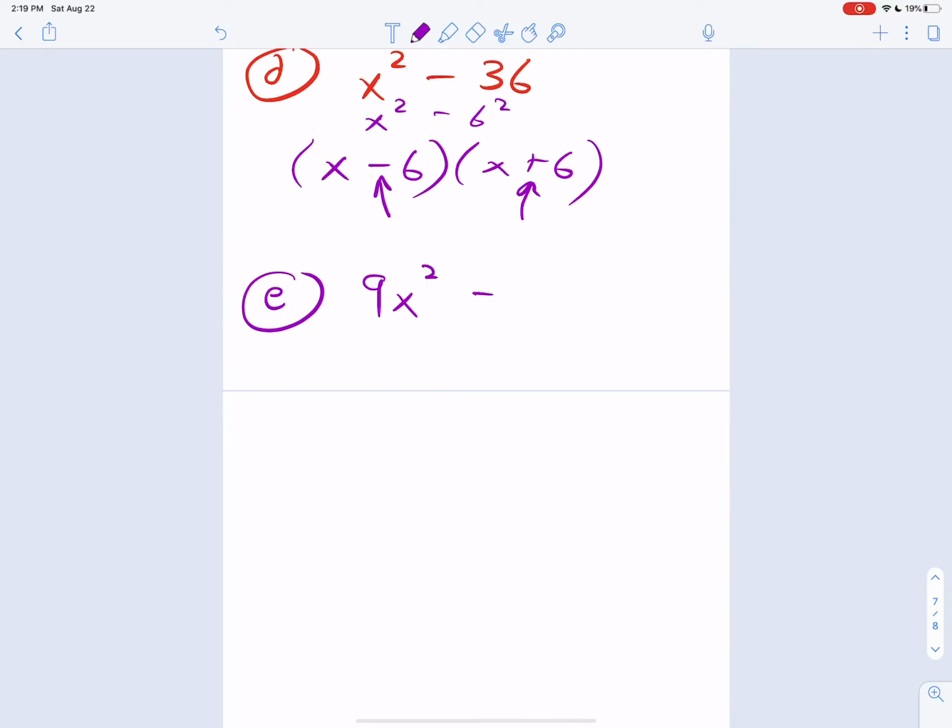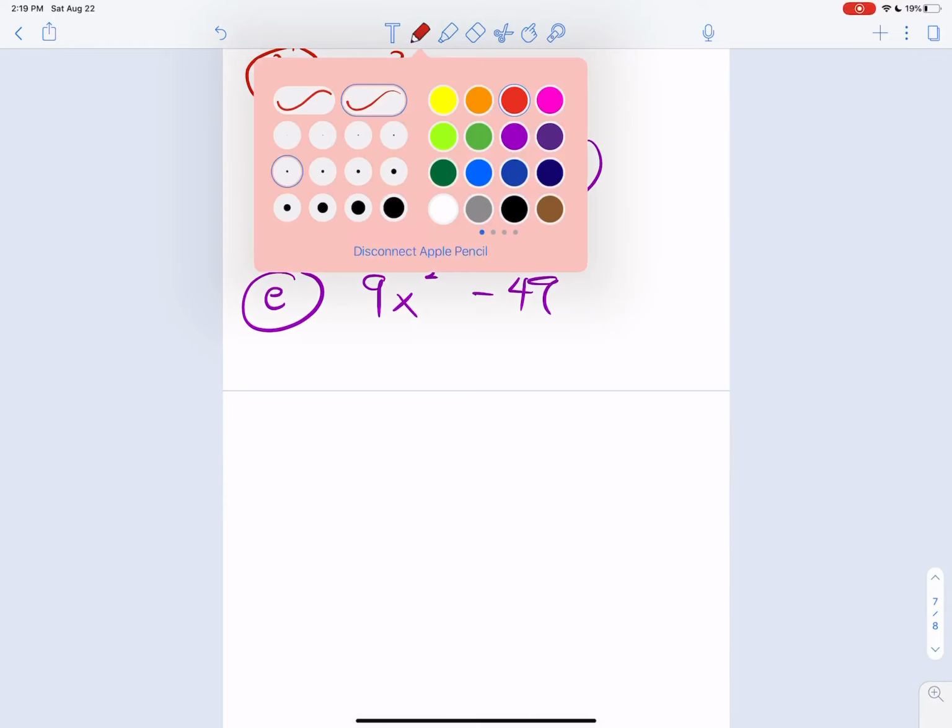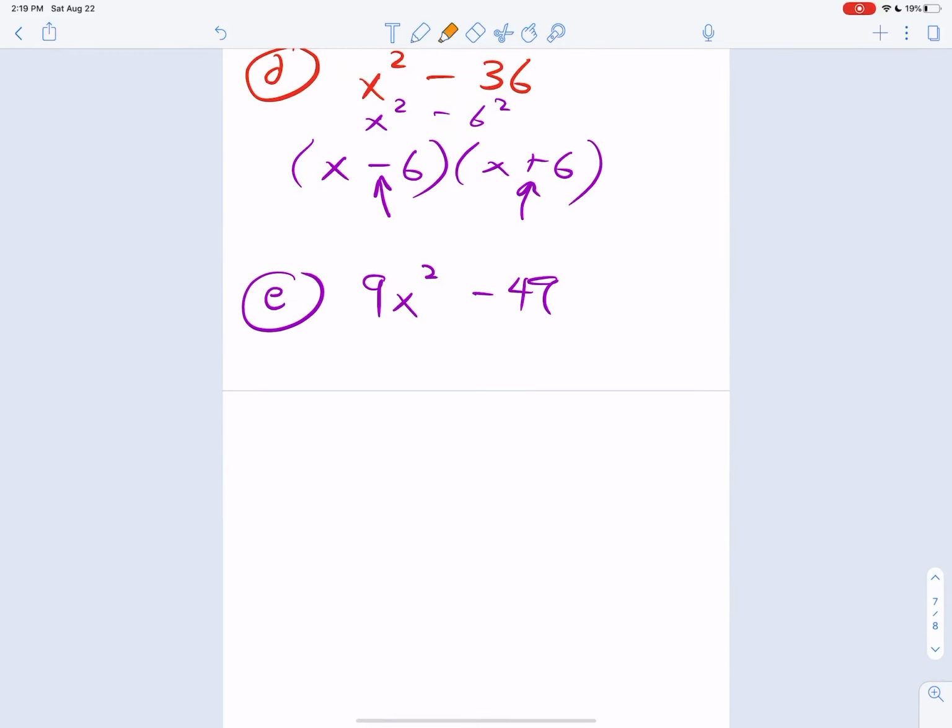9x squared minus 49. Okay? So right now, we have a difference, but we don't really have perfect squares. And also, some of you may note, well, there's a number in the front here too, which makes it weird. So here's what you guys do.